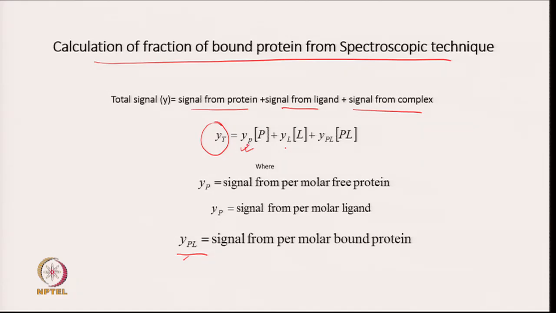And so, if we multiply YP into concentration of P, it means we are talking about total contribution from free protein. YL into L will give you total contribution from free ligand, and YPL into PL will give you total signal from your complex.